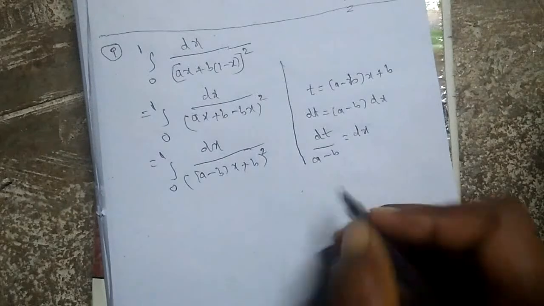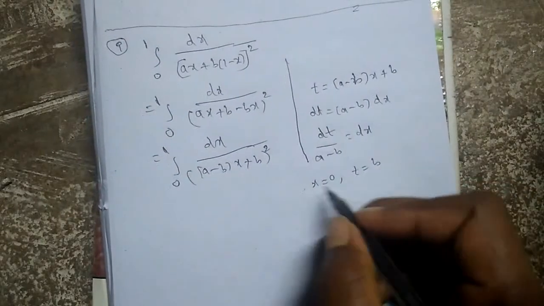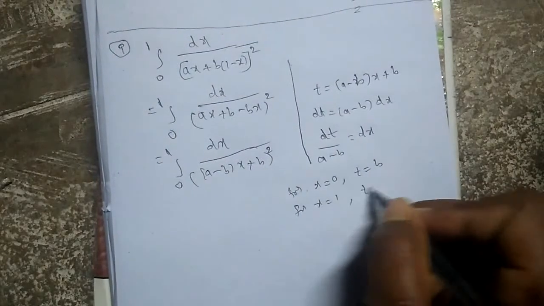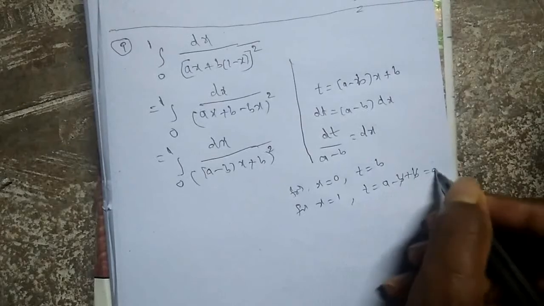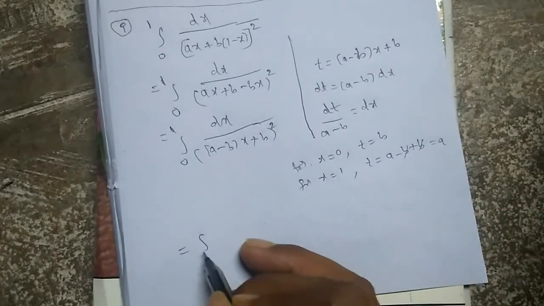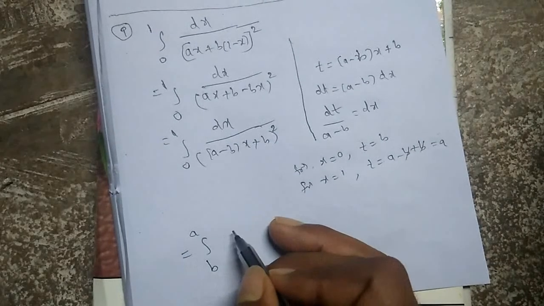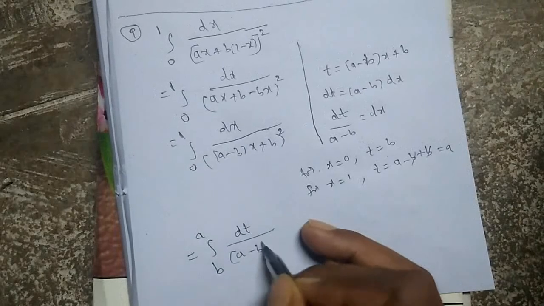Now for x is equal to 0, t is equal to b. For x is equal to 1, t is equal to a minus b plus b, that is equal to a. Now convert the integral, that is integral b to a dt. Dx is equal to dt by a minus b.